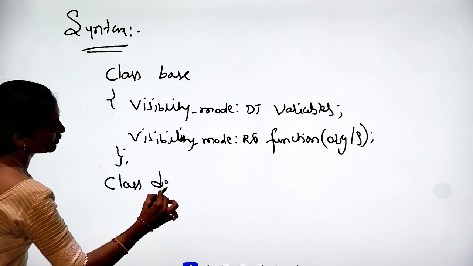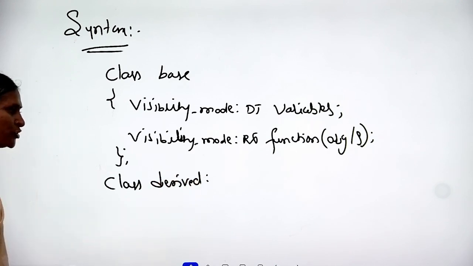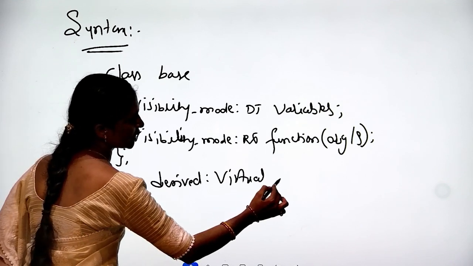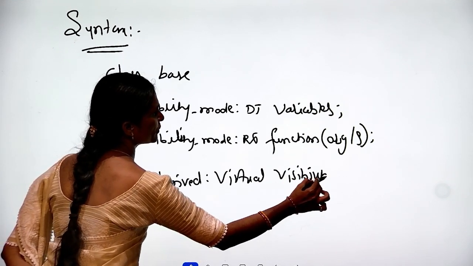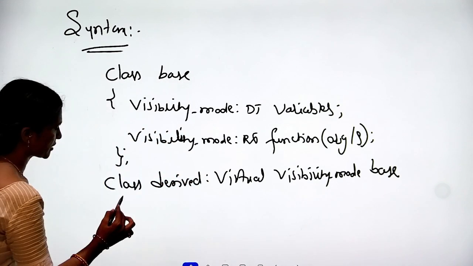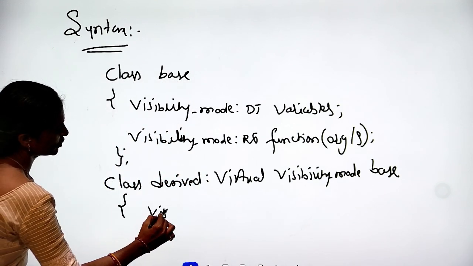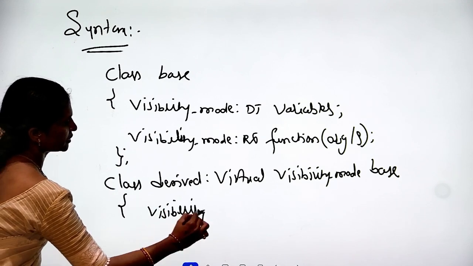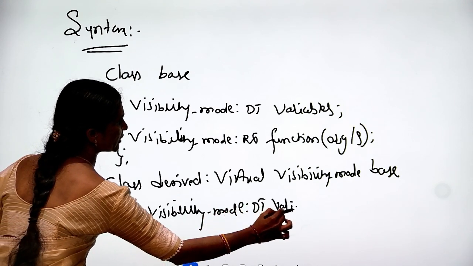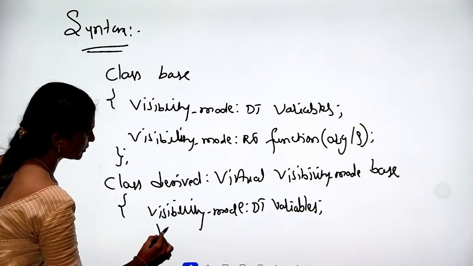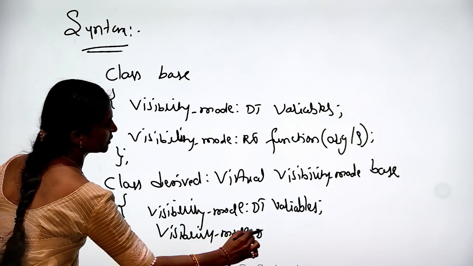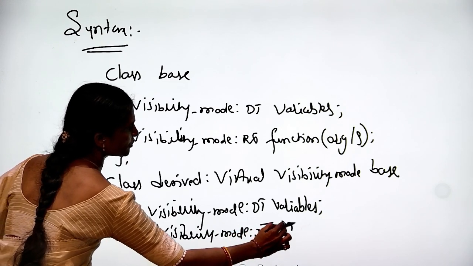Now class derived, where we are going to use virtual. Here you use the keyword virtual first while inheriting, and you write the visibility mode, whether public, private or protected, then the base class. The derived class contains its own visibility mode, data type and data members, then again the visibility mode, return type, then member function.